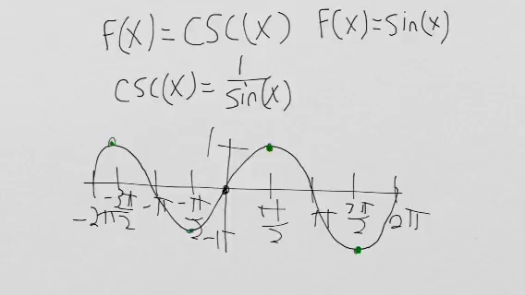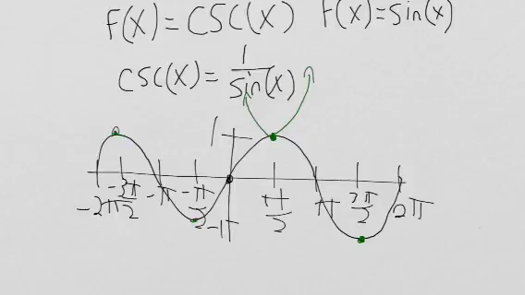So let's think about the shape of cosecant. Cosecant is 1 over sine, so as sine becomes smaller and smaller, we're doing 1 divided by a number that is getting smaller and smaller. So we've worked with limits a lot, and we've worked with this enough to know that when we take a number divided by a really small number, it's going to become really big.